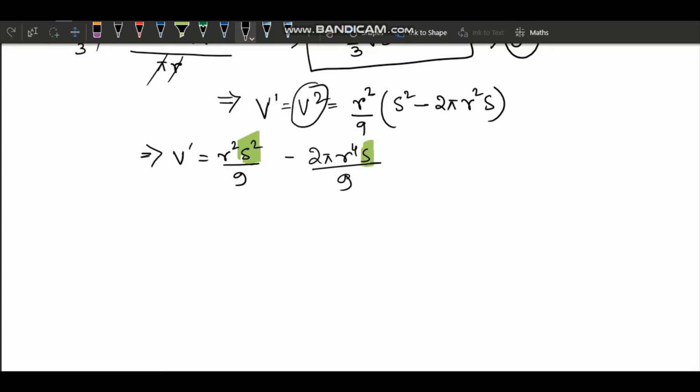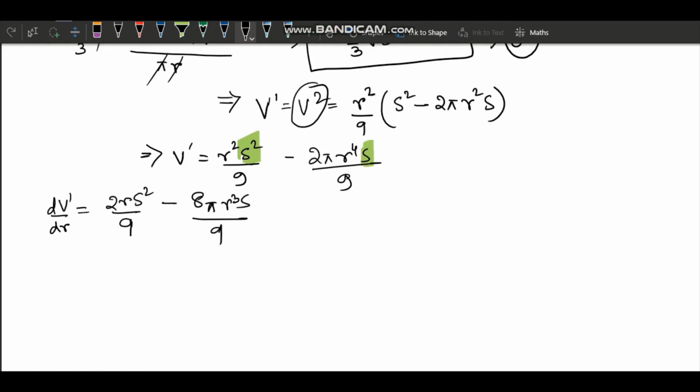So we find out dv dashed dr, that is the first order derivative of v dashed with respect to r. So we have 2r s square by 9 minus 8 pi r cube s by 9.